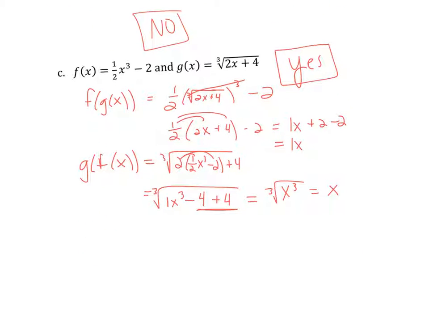Now in that last one, that one's kind of tricky. So you could go the other route and start by trying to find the inverse of f of x. So I'm going to put y equals 1/2 x cubed minus 2, flip my x and y.